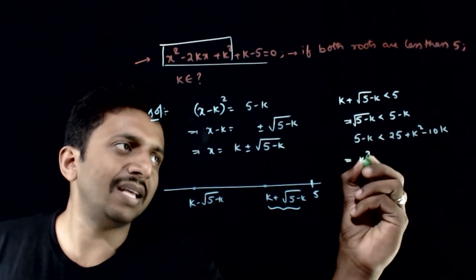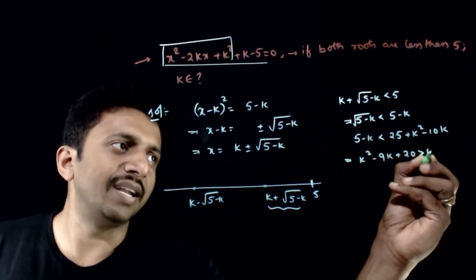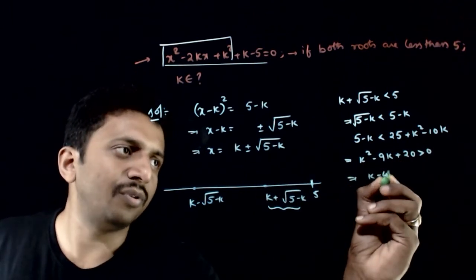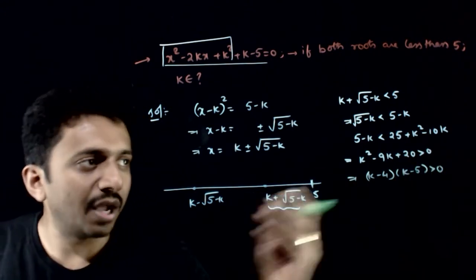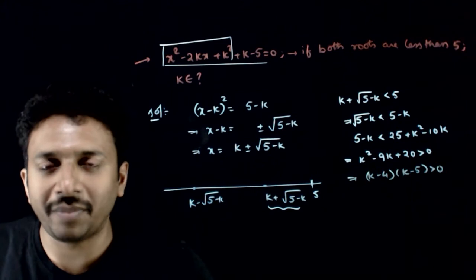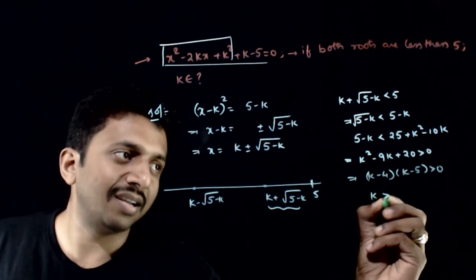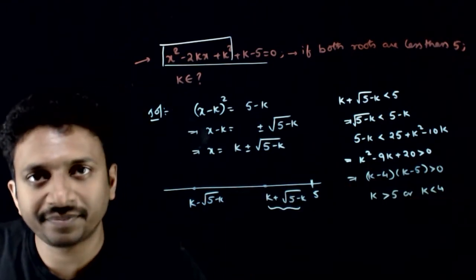This implies k² − 9k + 20 is greater than 0. That means (k − 4)(k − 5) is greater than 0. So a quadratic expression greater than 0 implies k lies outside the roots. That is, k is either greater than 5 or k is less than 4.